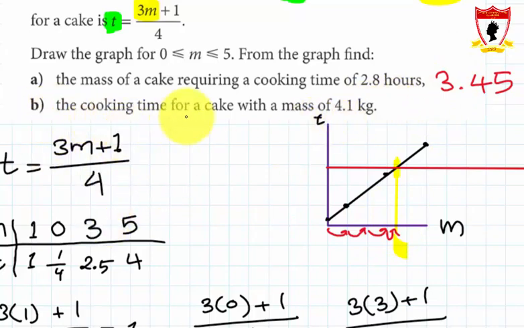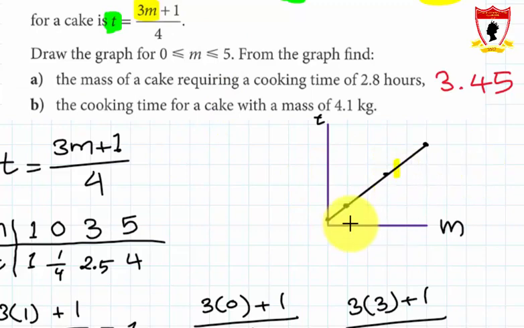Part B, the cooking time for a cake with a mass of 4.1 kilograms. Then 4.1, let's erase this. 1, 2, 3, 4. 4.1 is too close to 4. It crosses the graph nearly here.